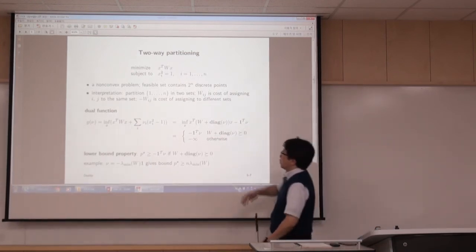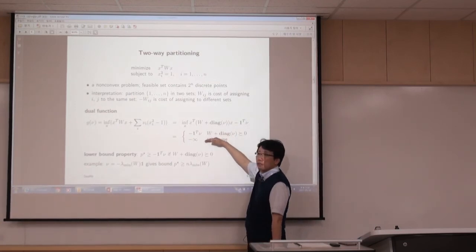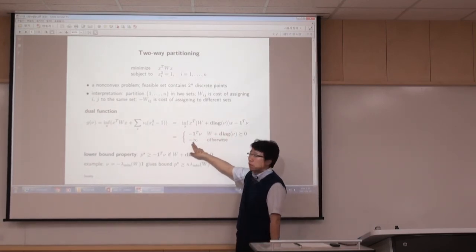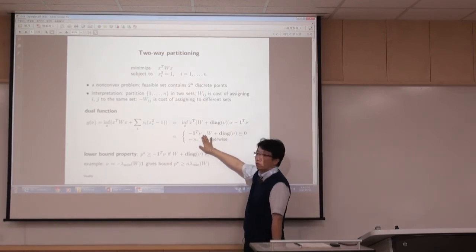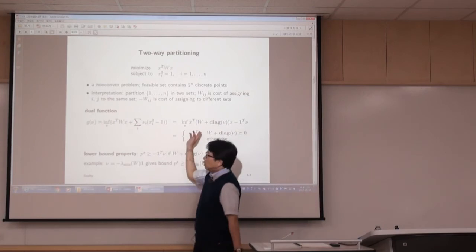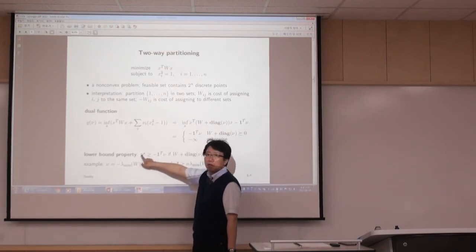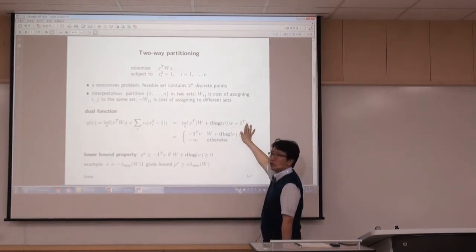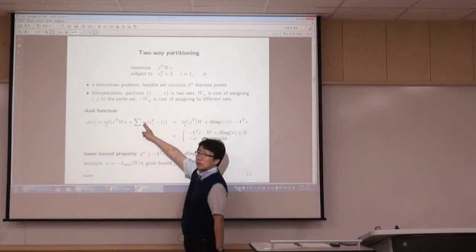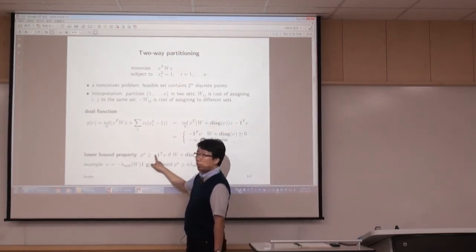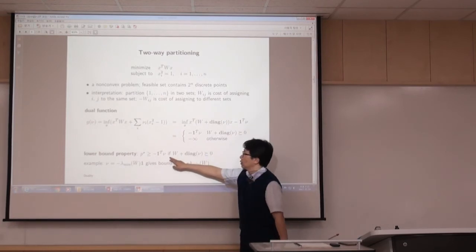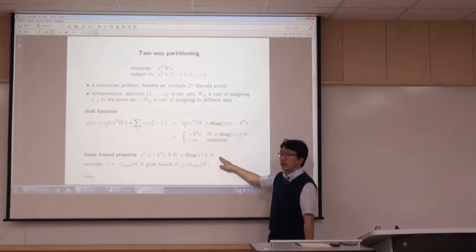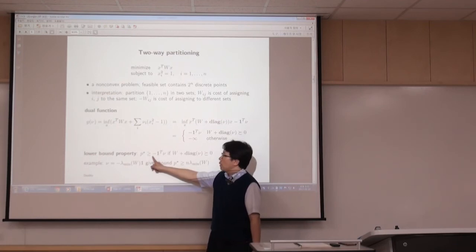So what happens? You have two cases, a trivial lower bound and a non-trivial lower bound. Let's use the non-trivial lower bound. The non-trivial lower bound says that the primal optimal value, P star, is lower bounded by -1 transpose nu, that is, the summation of nu sub i's times -1, if this holds. So what can you do? You may maximize this.